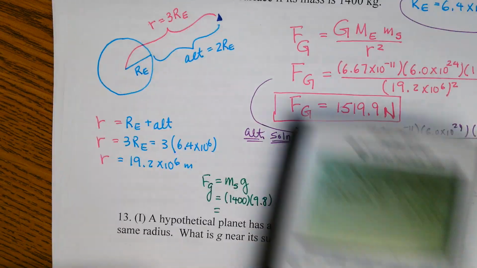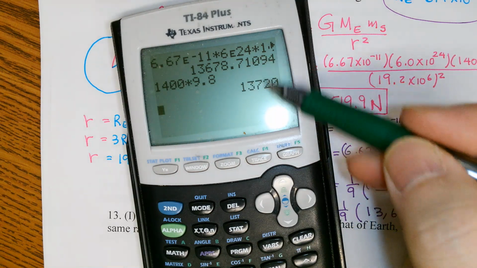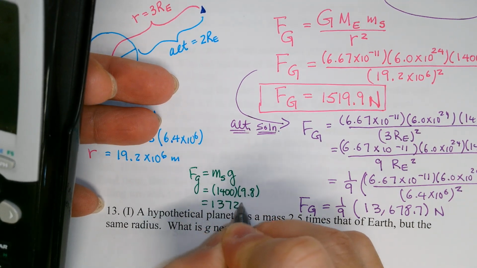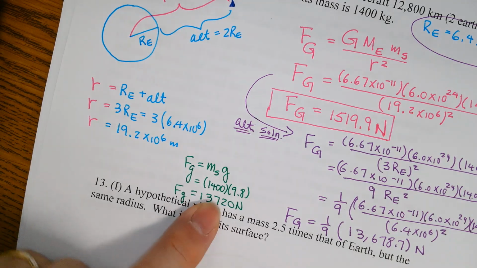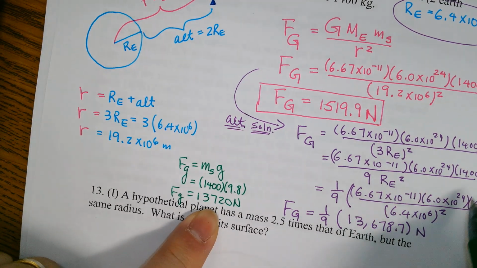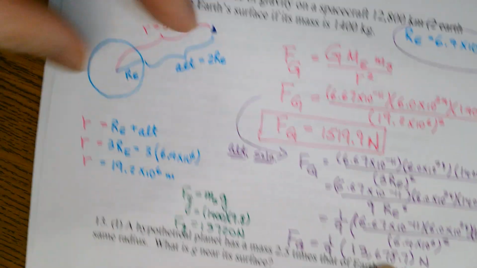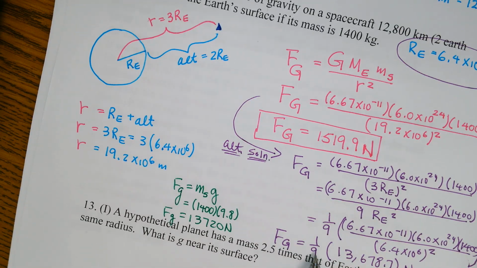Look how close they are. This is actually the weight of the spacecraft on the surface of the Earth, and this is the same thing. So when you're this far out, 3 times the radius of the Earth, guess what? It's 1/9 of whatever that object weighs on Earth.